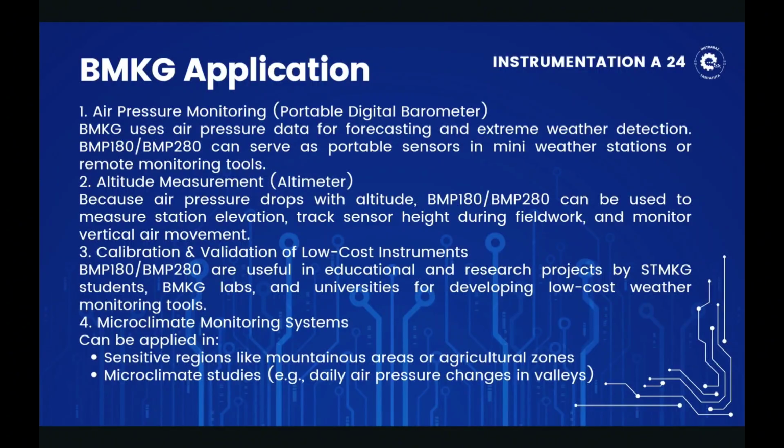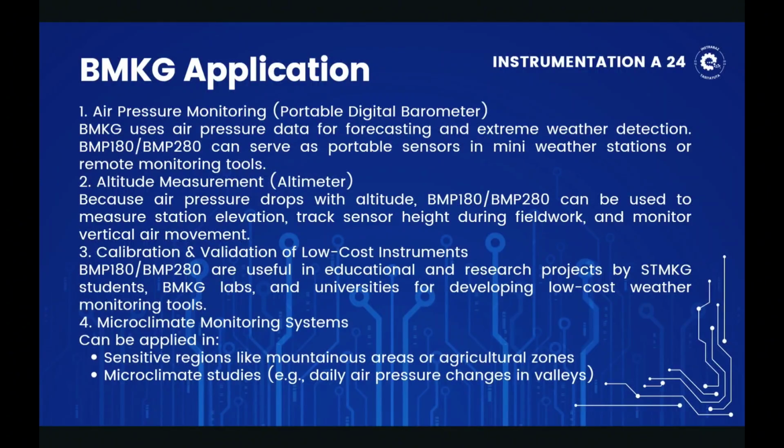They can serve as portable sensors in mini weather stations or remote monitoring tools. And second, altitude measurement. Because air pressure drops with altitude, BMP180 and 280 can be used to measure station elevation, track sensor height during fieldwork, and monitor vertical air movement.